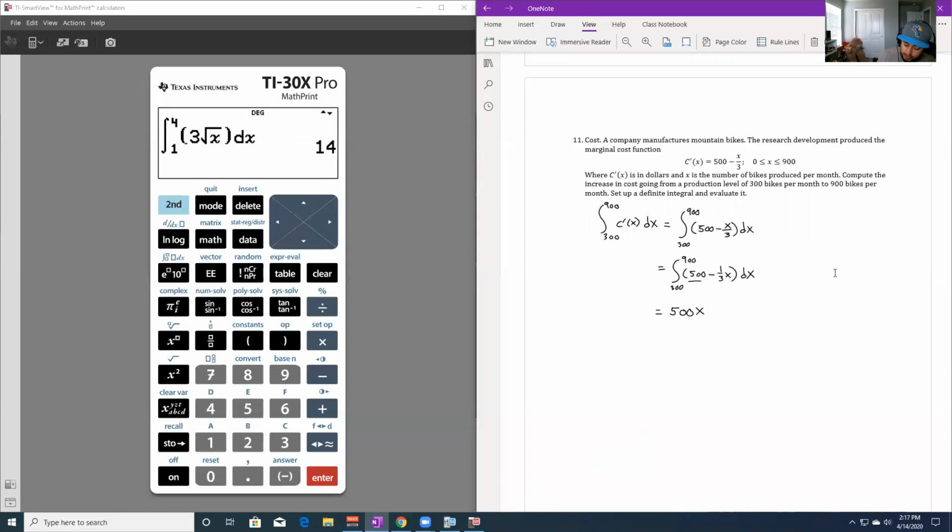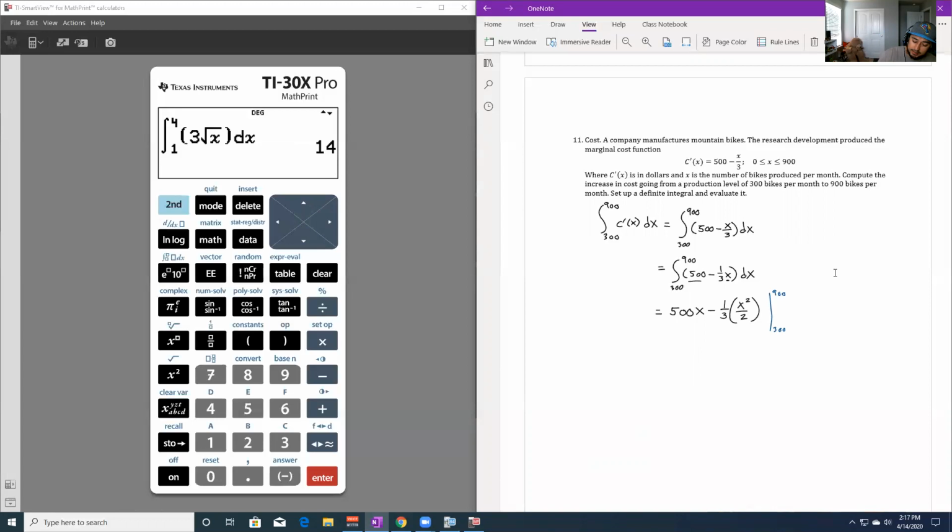Minus, that 1/3 now stays out front. And now we just want the antiderivative of x, using the power rule. So that will become x squared over 2, and we will evaluate from 300 to 900.